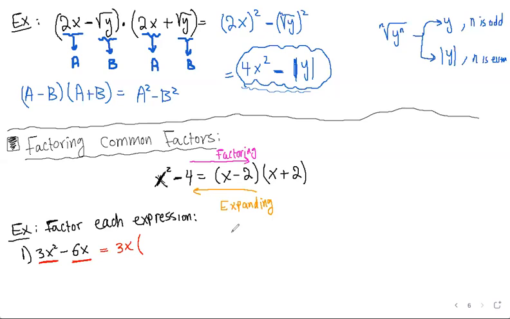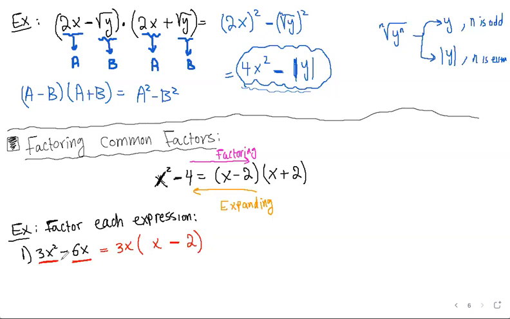Now we open the parentheses. Now I divide this term by this. What do I get? 3x squared divided by 3x is x. I divide the second term by 3x. What I get is minus 2, exactly.